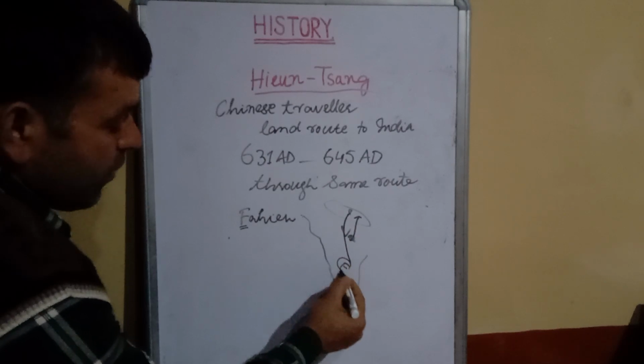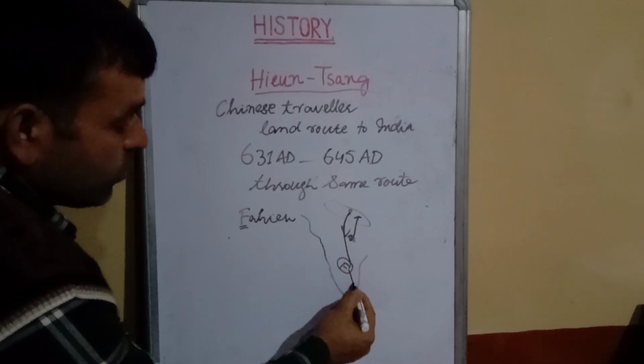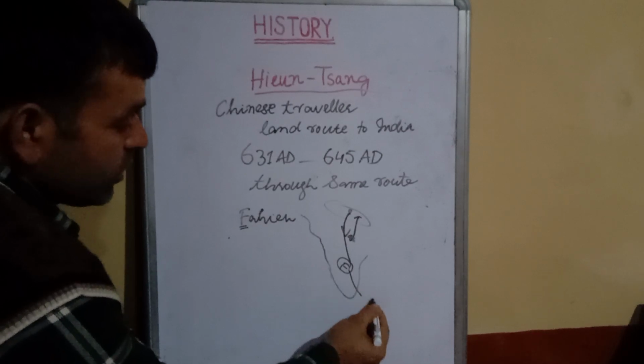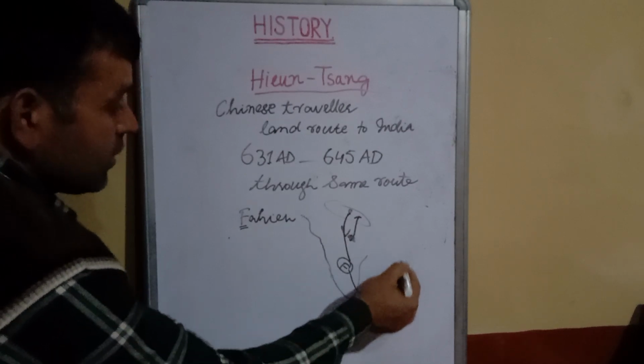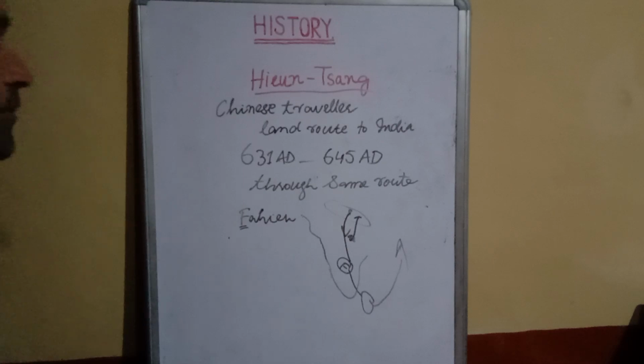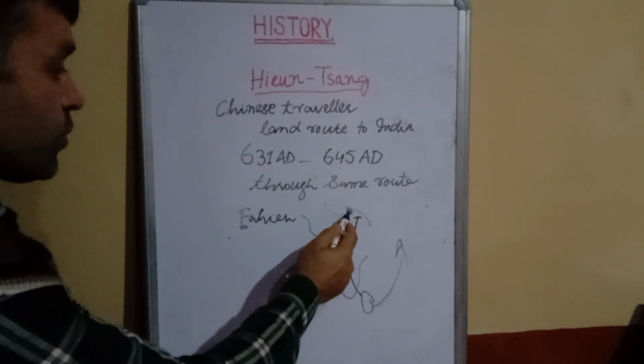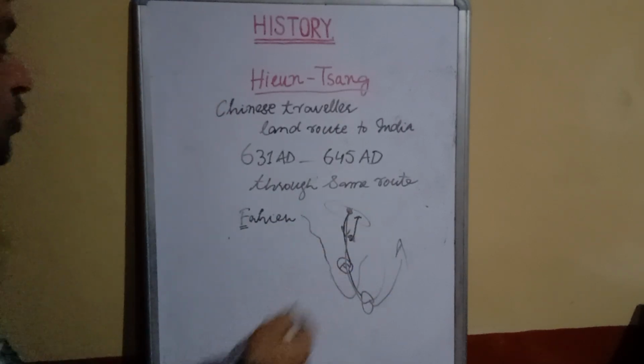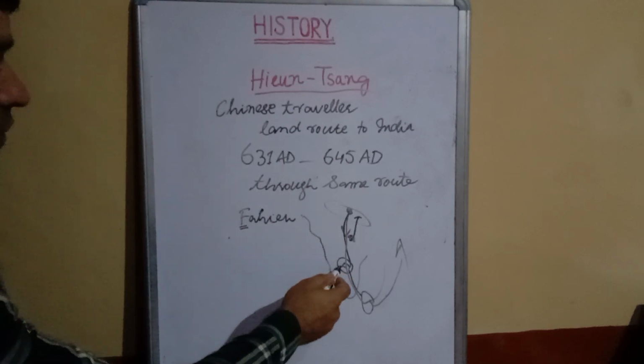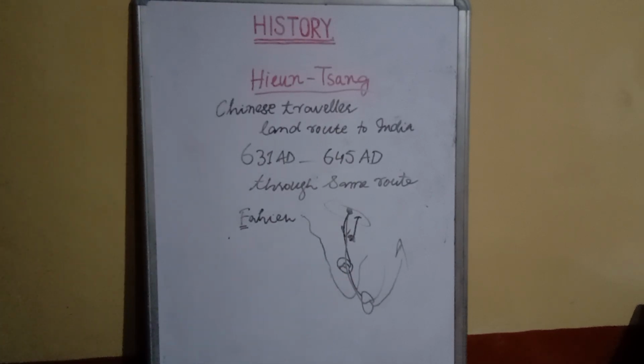F means Hieun, F means far, and goes or returns back through Sri Lanka to China. It can be asked, name the writer, Chinese person who came through land route and went back to the sea route. It is this Hieun who went very far to deep South India.